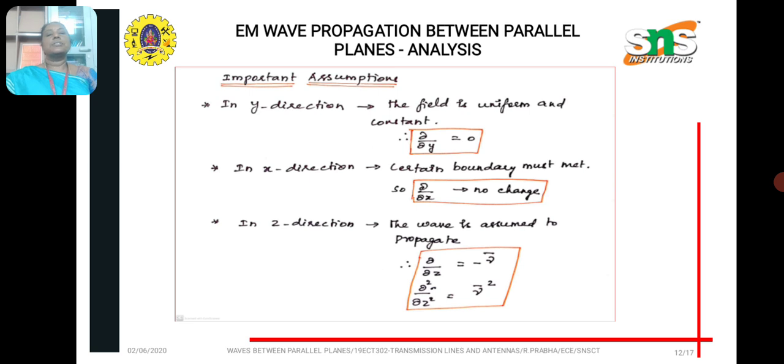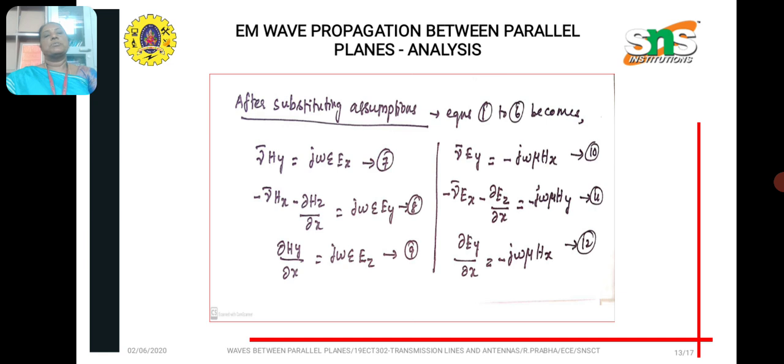And in z direction, the wave is assumed to propagate. So in the variation with the z direction, we are substituting the propagation constant minus gamma, and dou by dou z squared is plus gamma squared. After substituting the assumption, we get another new set of equations.